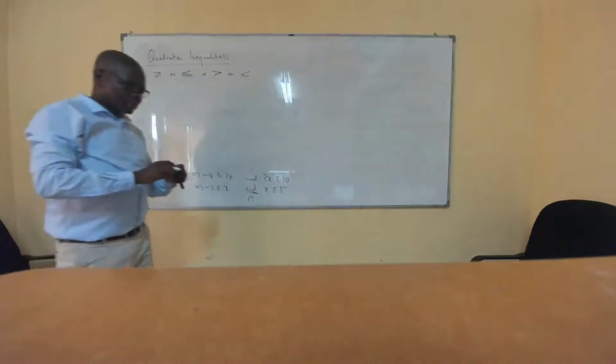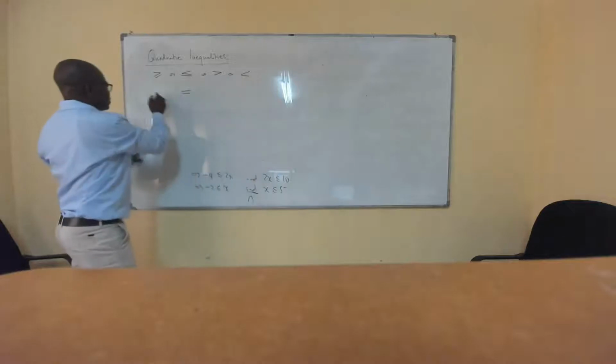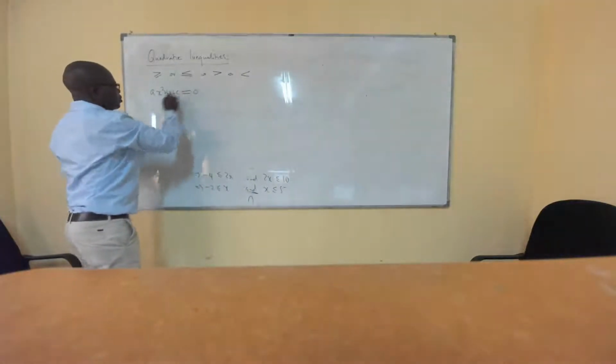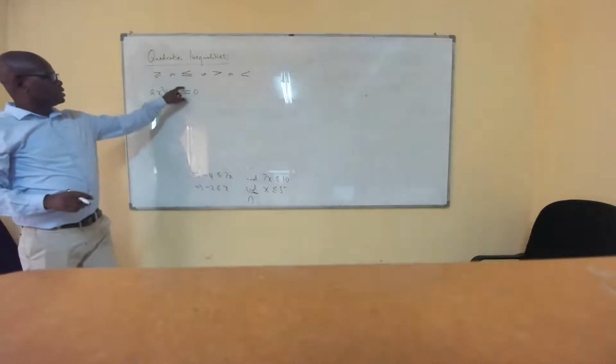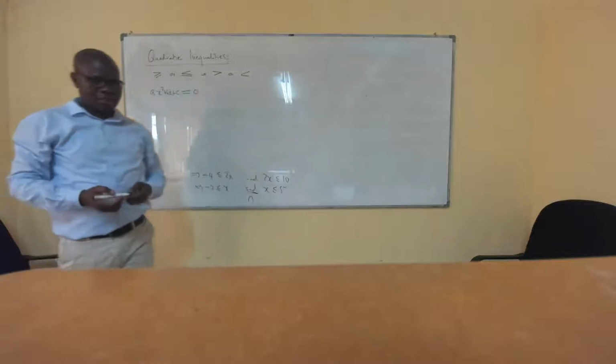So when you have only the equal sign, ax squared plus bx plus c is equal to 0, you call it a quadratic equation. When the equal sign is replaced by any of these, it is called a quadratic inequality.